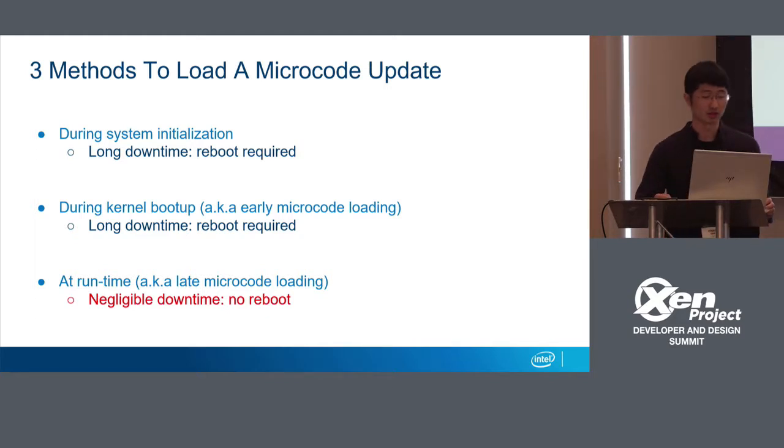The second way is updating microcode during kernel boot up. This method is also known as early microcode loading. Basically, in this mode, you should specify the microcode you want to load in a kernel option or Xen option.